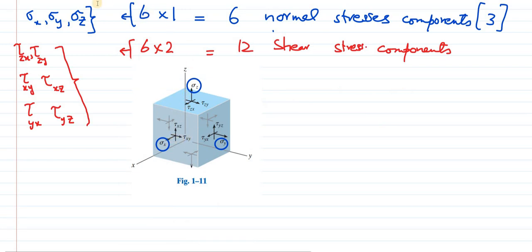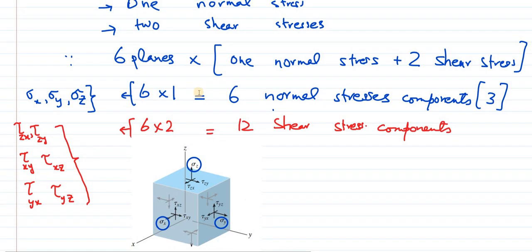So I have shown the normal stress components in blue. Over here also I have encircled them in blue, and the shear stress components in red. As I said before, in total you have got 6 normal stress components and 12 shear stress components.